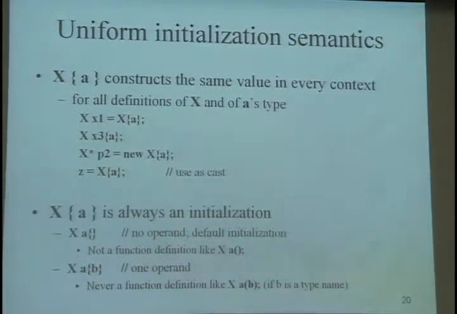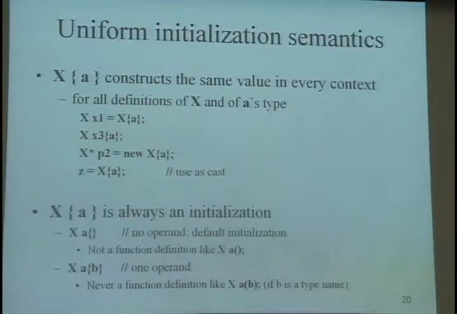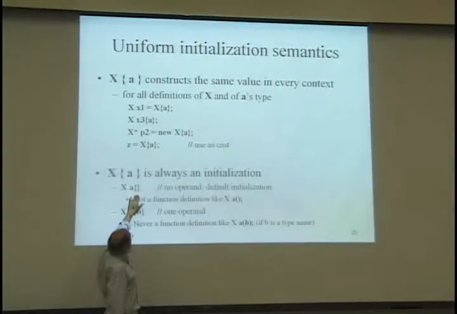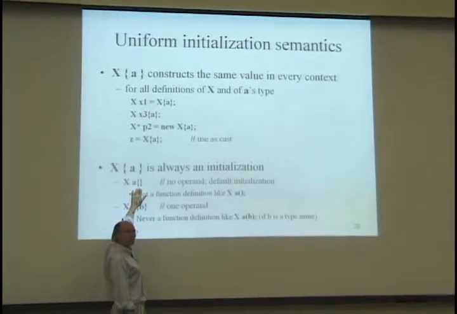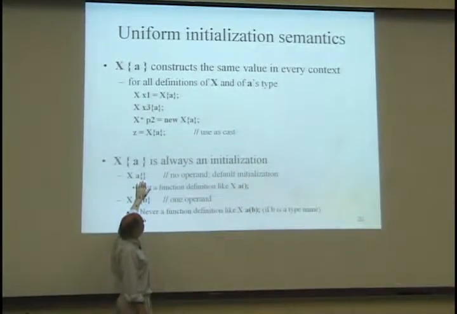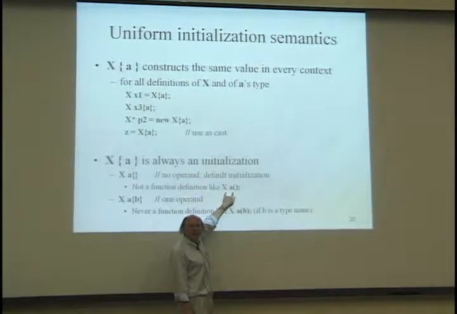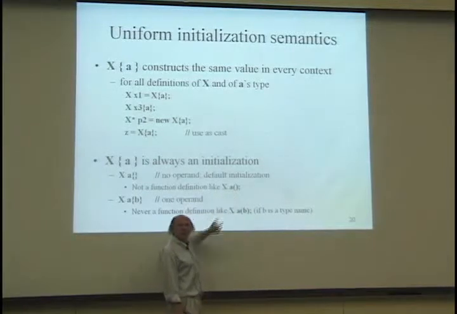Here you'll get the same solution everywhere, and furthermore, it's always an initialization. I mean, it's a default initialization, right? Initialize with no value. It doesn't magically turn into a function declaration the way it does with parentheses because of horrible old syntax.